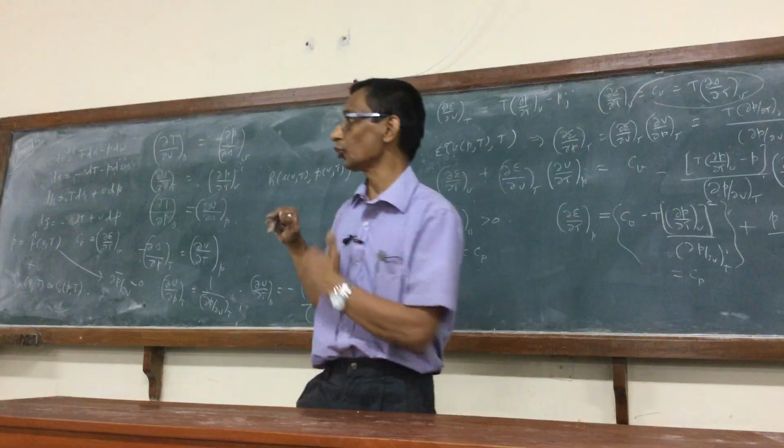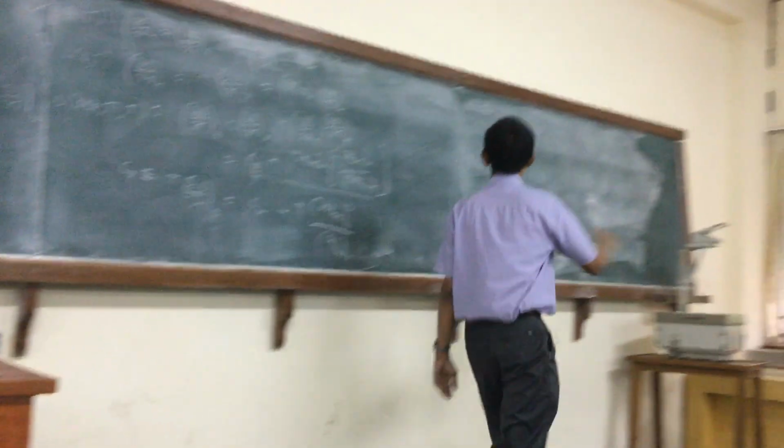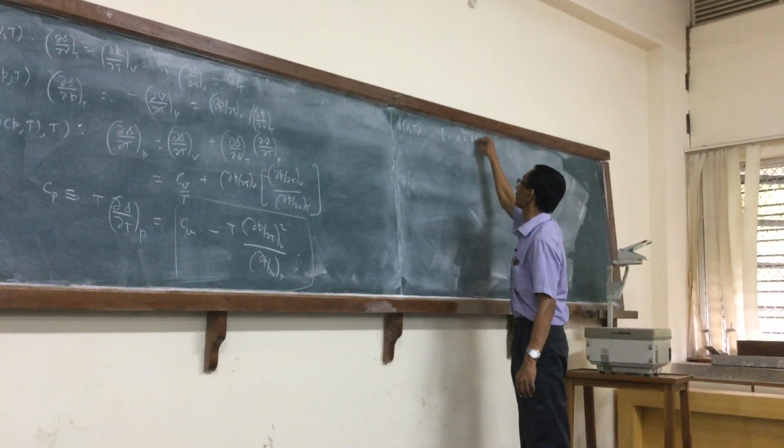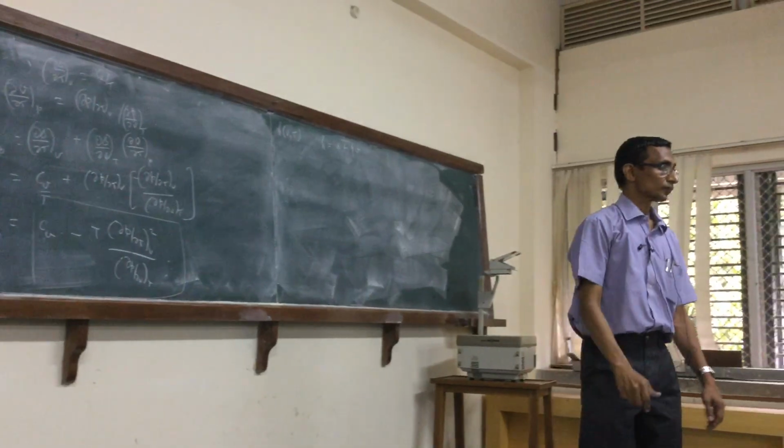However, I am going to use a shorter method because H we know is E plus PV. Right?